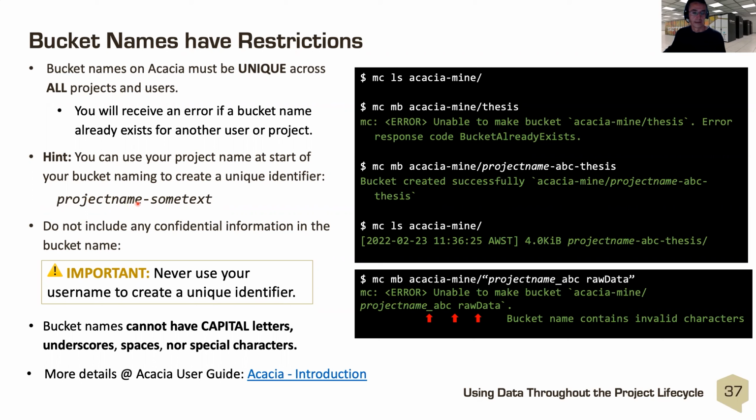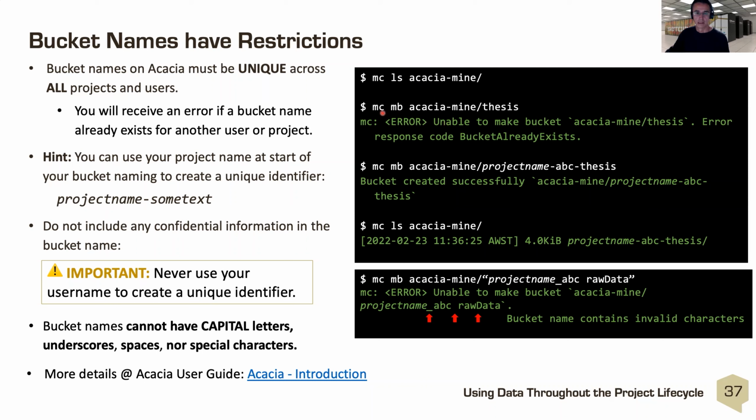So for example, here, I'm doing an mc ls, which is listing what I have in this alias. In this case, I'm not using the Acacia project name. I'm using my own user storage, which I created an alias for as acacia-mine. And if I list what is there, at this point in time, there was nothing. No buckets there.